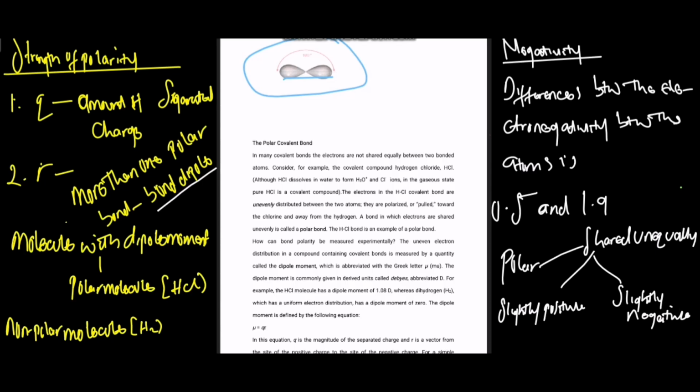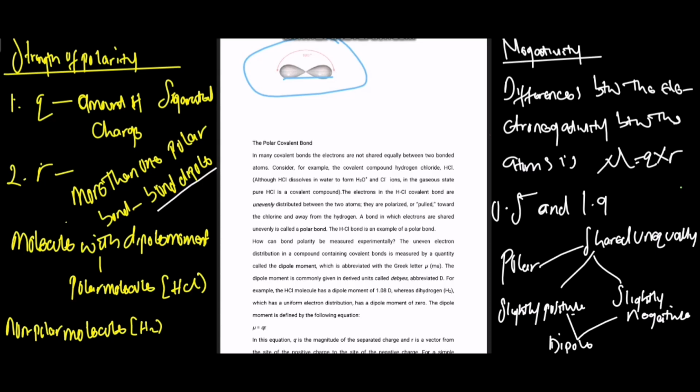Because of the positive and negative ends, a dipole is formed. Are we together? Now we measure the dipole using what we call the dipole moment, which I wrote is given by mu equals q multiplied by r.